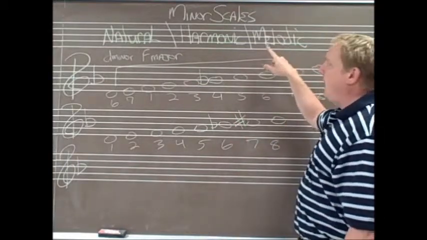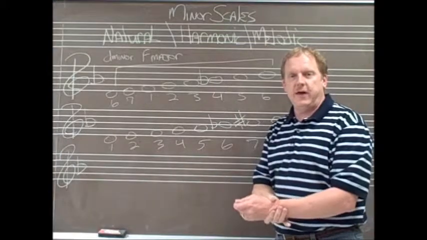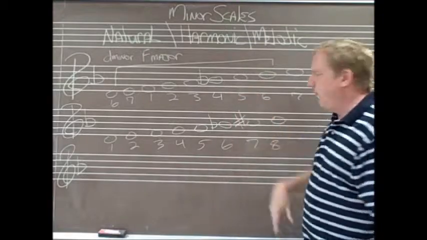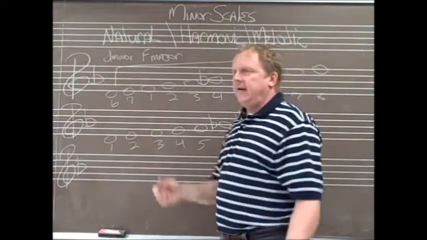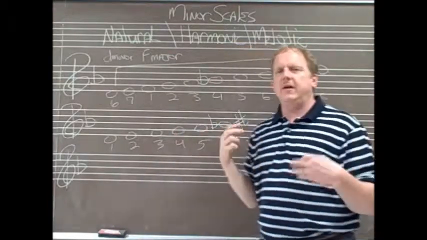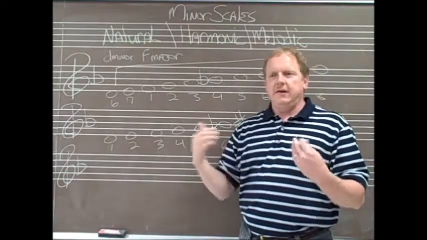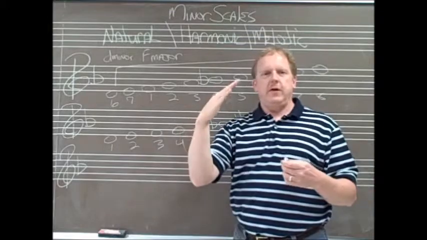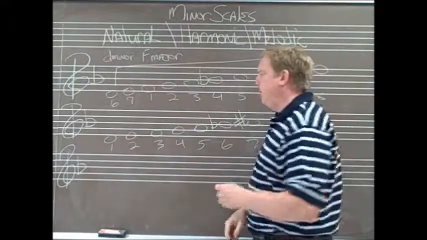The final minor scale is a melodic minor scale, and it's sort of a combination of both of these types of scales, and it's the only type of scale that we'll deal with in this class that's different going up and coming down. There's different notes going up and then different notes coming down.